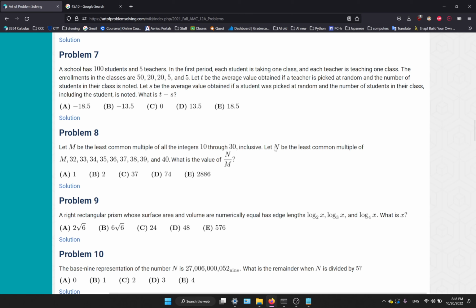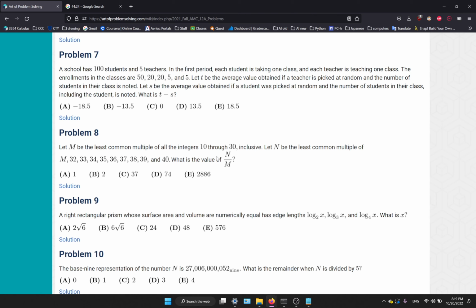And then let n be the least common multiple of this added to some extra numbers. So you know what to do there: find more primes. 37. I think it's just 37. So what's the value of n over m? Well, you divide by m, which is that big number, 2 times 3 times da da da, times 29. But n also has the addition of 37. So we have to multiply 37 to m to find the new common multiple.